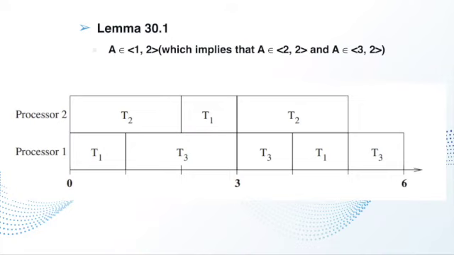The resulting schedule, based on figure 30.1, shows that A belongs to (1,2). Only the schedule in the interval closed 0 and open 6 is shown, since 6 is the least common multiple of all the task periods, and the schedule starts repeating after time 6.